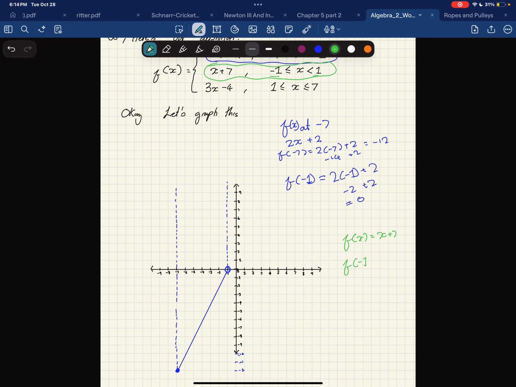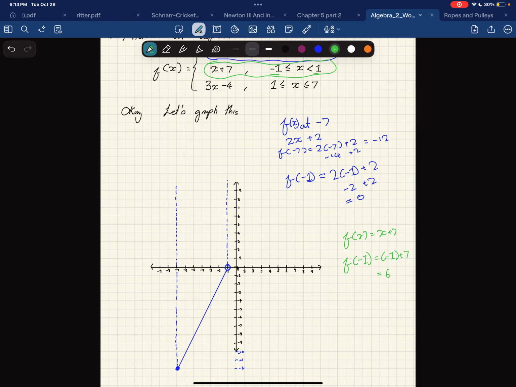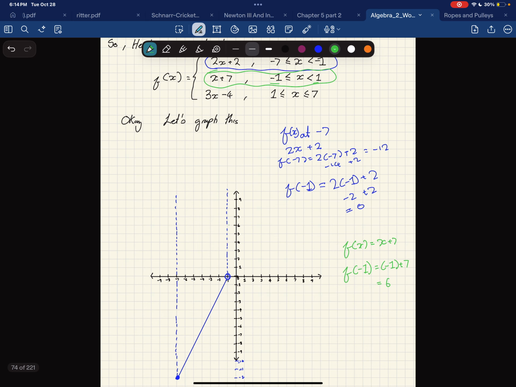What's my output value? So I know this is going to be -1 plus 7, which is just going to be 6. So I go to x equals -1, all right? And then I go to positives, and I know it's 6. So I'm right here. Am I including? Yes, I'm including.